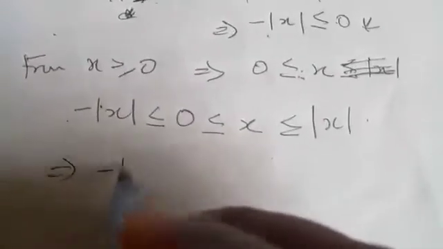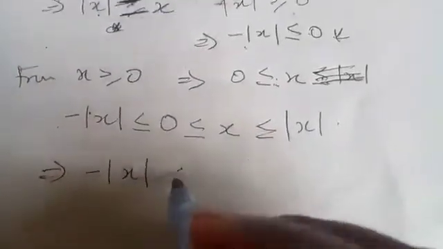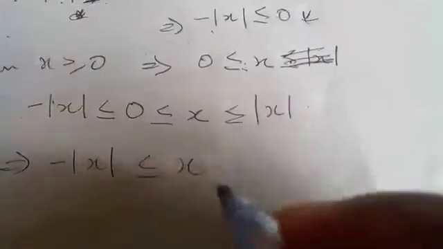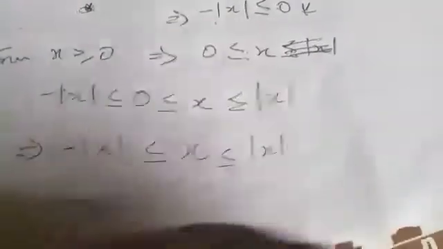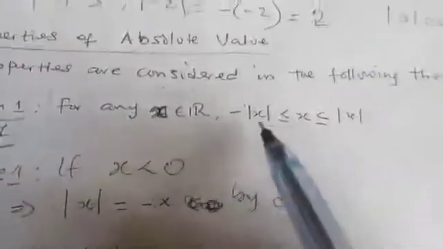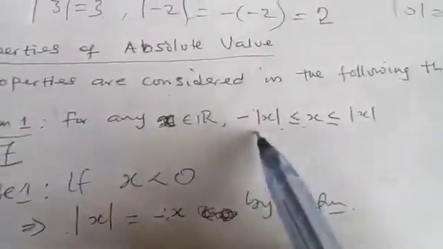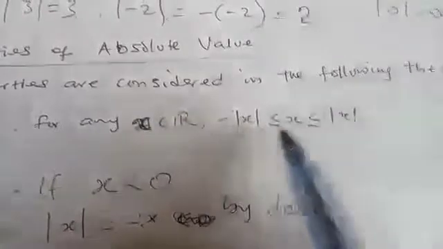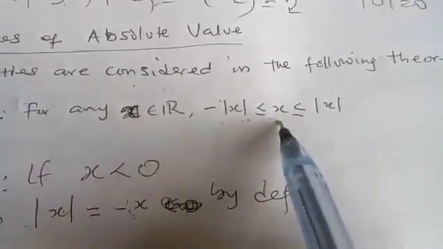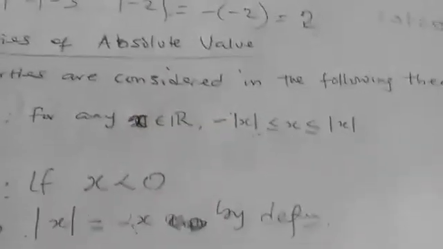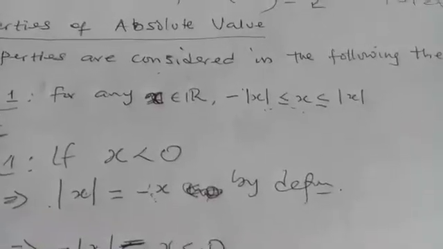So at the end of the day, I can merge it to be this. I can remove the 0 and write it like this. So this completes the proof. So we have shown that for any number, minus absolute value of the number is less than or equal to the number, which is less than or equal to the absolute value. So let's take note of that.